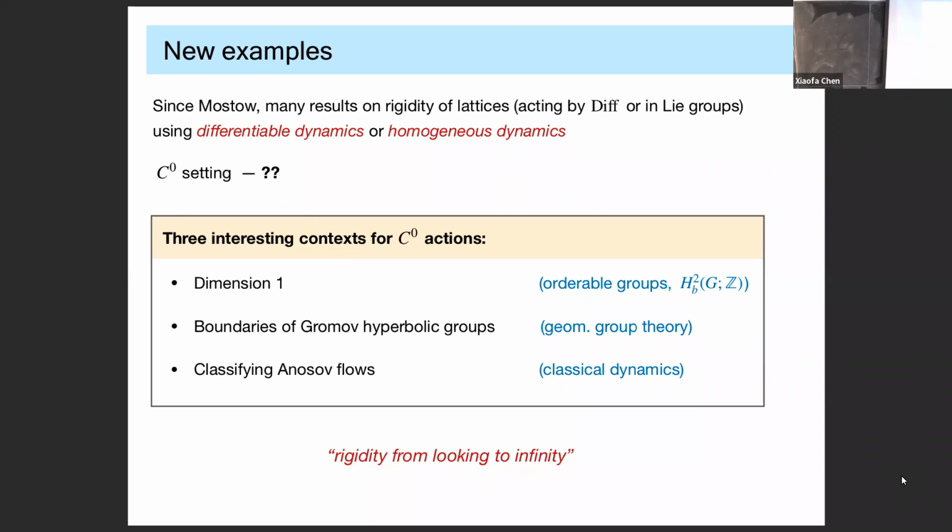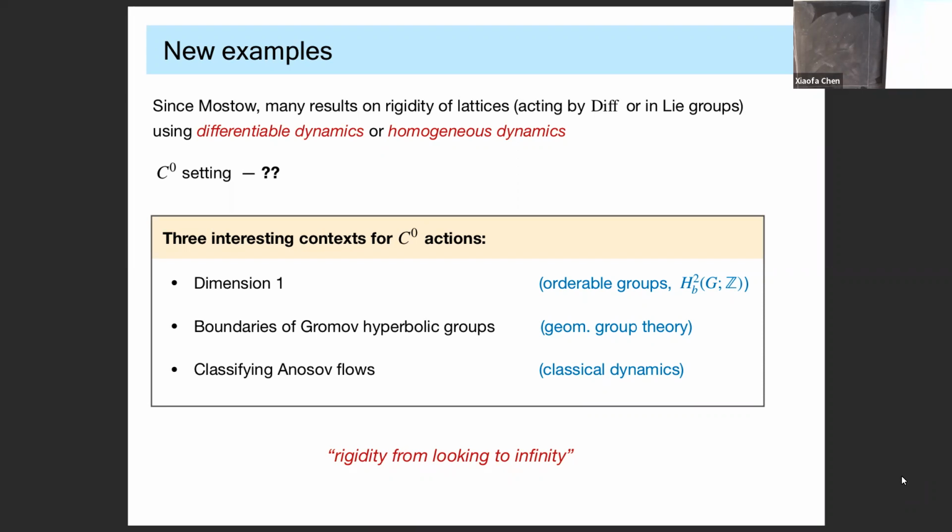And the third is a recent project that we're working on that goes back to classical dynamical systems, understanding Anosov flows, very rich dynamical systems on three-manifolds. And in all three cases, the point is to recover some surprising stability or rigidity from a kind of Moscowian perspective of looking out to infinity.